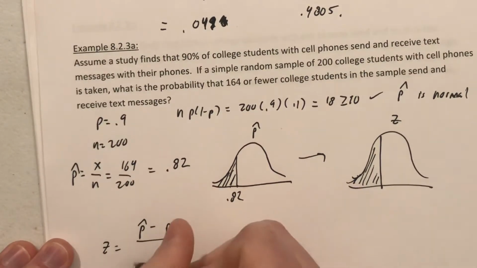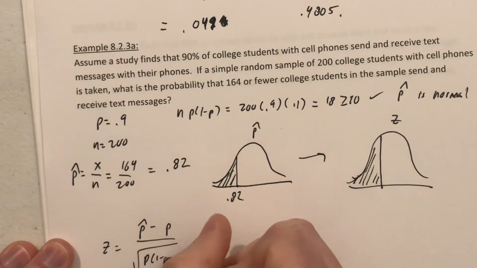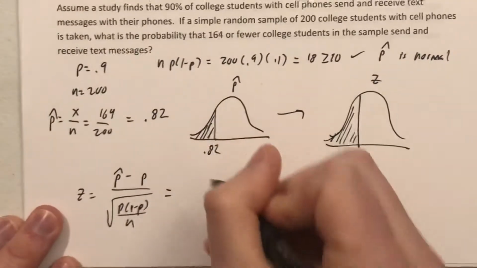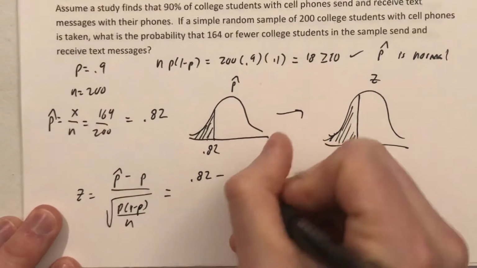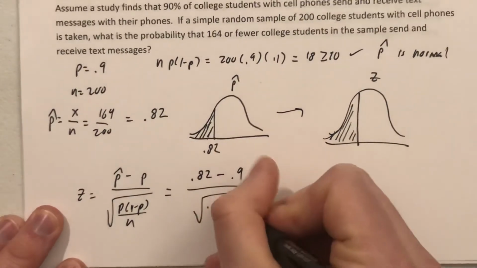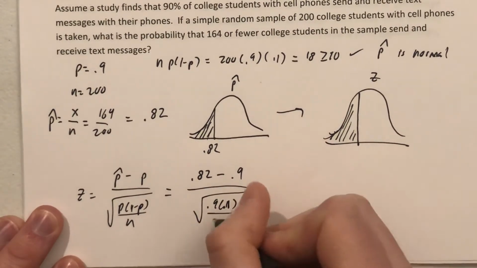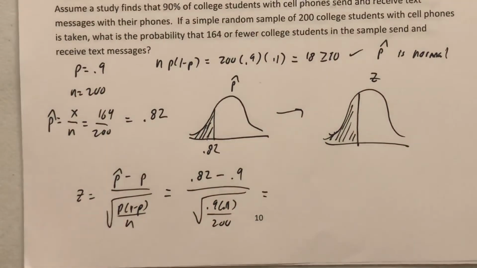Again, P hat minus P over the square root of P times 1 minus P over N. So 0.82 was our P hat, 0.9 was our P, 0.9 times 0.1, and N is 200.